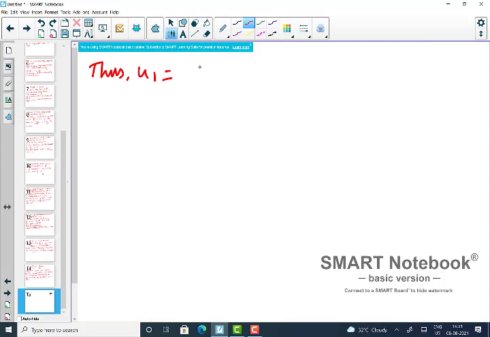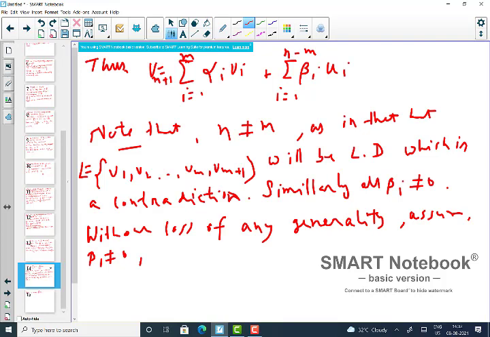So what are the other elements? Vm plus 1 is there, and then minus the summation alpha i vi, i equal to 1 to m, are also there, and those vectors are multiplied by, maybe I will multiply later.